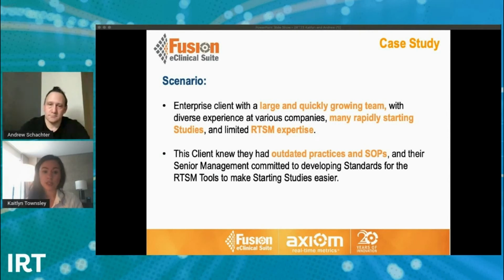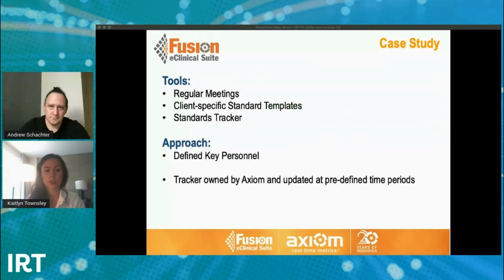This client knew that they had outdated practices and SOPs, and their senior management committed to developing standards on the RTSM tools to make sure that we could start studies more easily. By having the support of upper management, we were able to help develop standards, and we're going to walk through that overall process, how that was completed, and what they saw as the results.